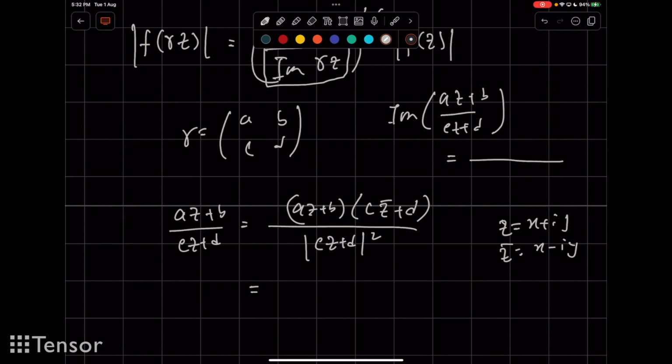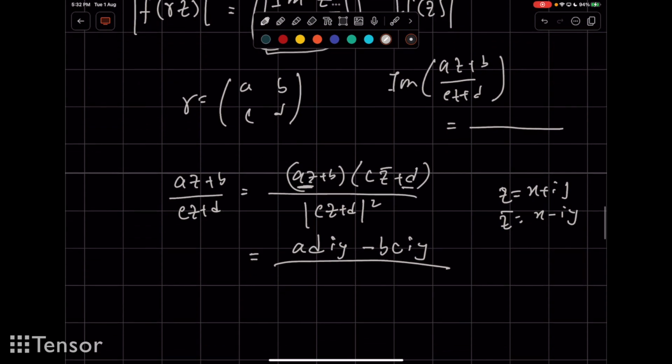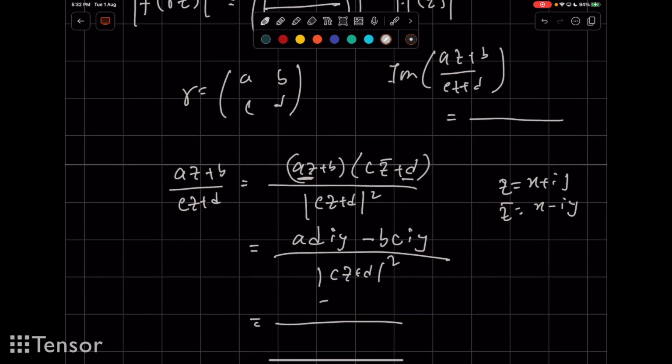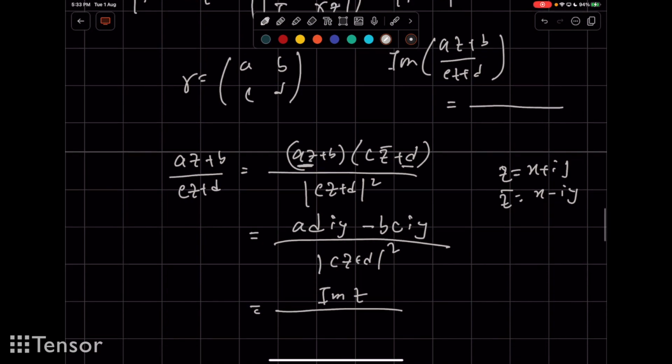So what is the imaginary part of this product? We have ADiy, then minus BCiy, and AD minus BC is 1. And this is over |CZ plus D| squared. So this is just the imaginary part of Z over |CZ plus D| squared.